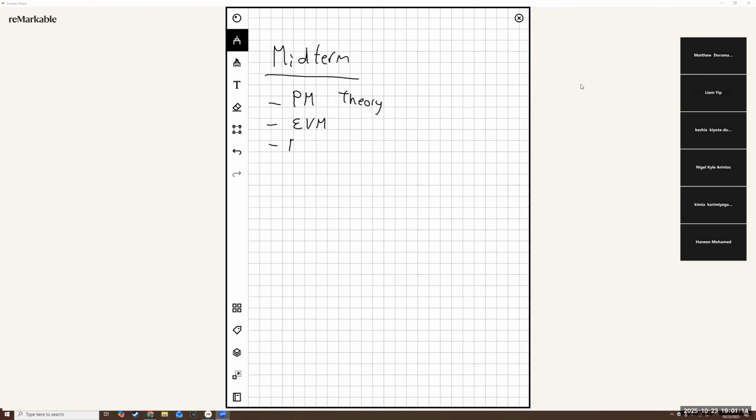You have project scheduling, which actually came before earned value management. And then you have the more mathematic economic portion of the course, which is the time value of money, cash flow analysis, and economic equivalence, which we have seen in class up to now.